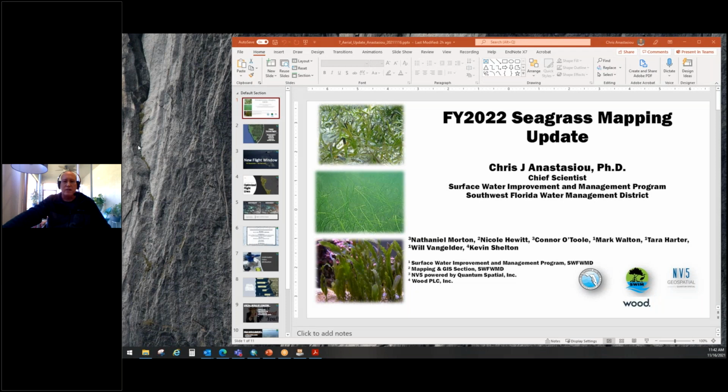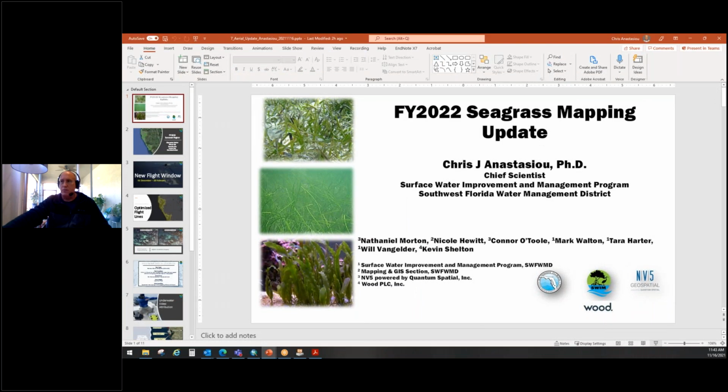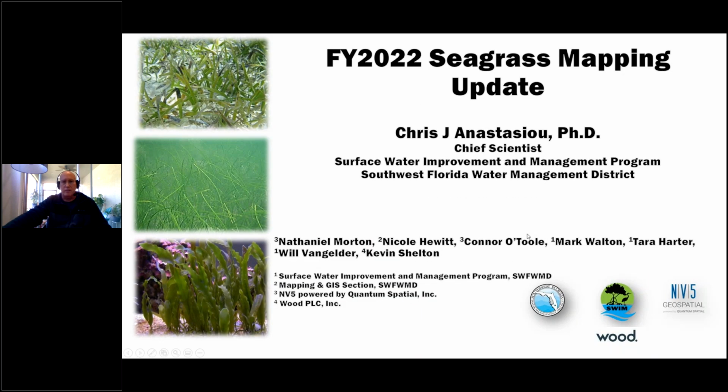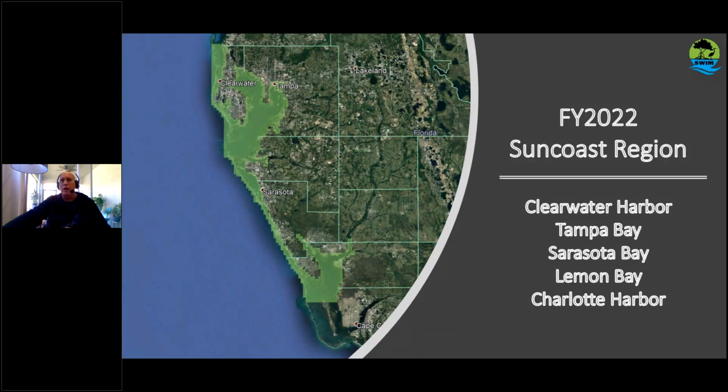My presentation shouldn't take very long. What I wanted to do today is just update you guys on where we are with our 2022 seagrass mapping. I don't know if y'all can see my screen or not. Okay, awesome. This is going to be relatively quick, but there are some changes and improvements that we've made that I did want to share with everyone.